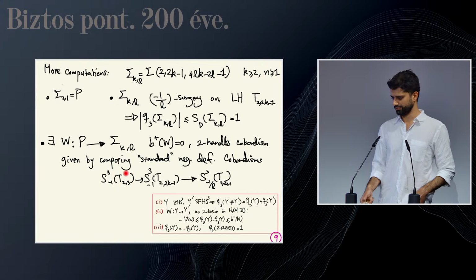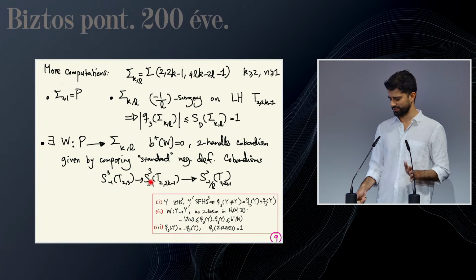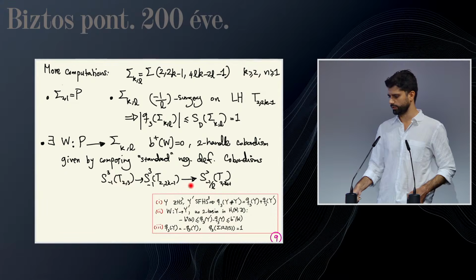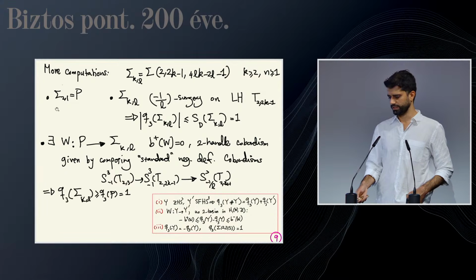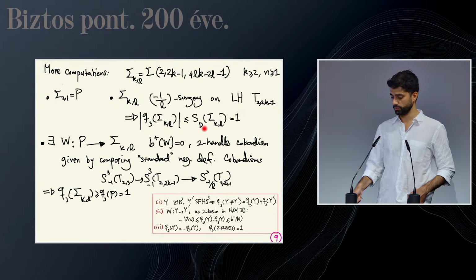There's a standard negative definite cobordism from -1 surgery on the left-handed trefoil to -1 surgery on this guy, just because by some crossing changes, this guy is related to this. Of the same sign, crossing changes of the same sign. And then you can get a standard negative definite cobordism from -1 surgery to -1/L surgery. So in particular, what you can say is that Q3 of all of these guys is at least 1. We already knew that it's at most 1, so they are all equal to 1.